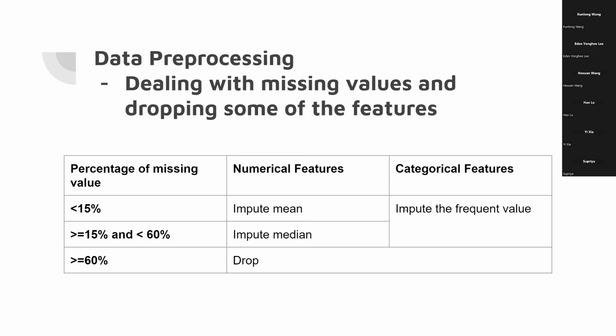In the table, we based it on the percentage of missing values in each feature. If the percentage is larger than or equal to 60%, we drop the feature. If it's less than 15%, we impute the mean in numerical features. If it's between 15% and 60%, we impute the median. In categorical features, we impute the most frequent value if less than 60%.